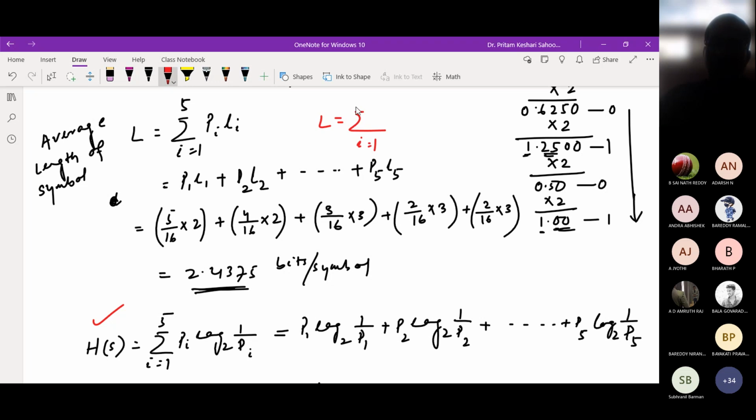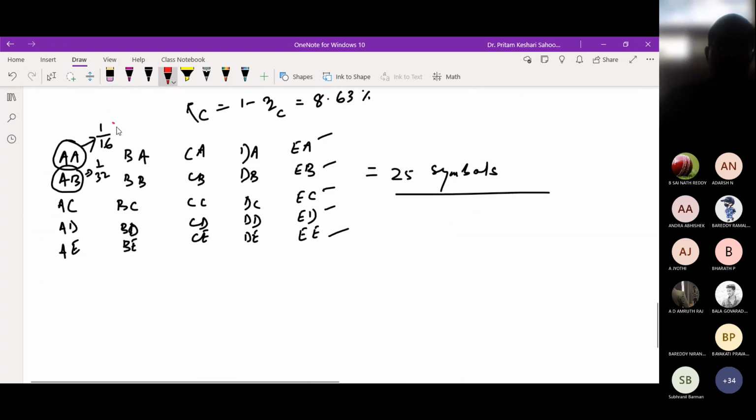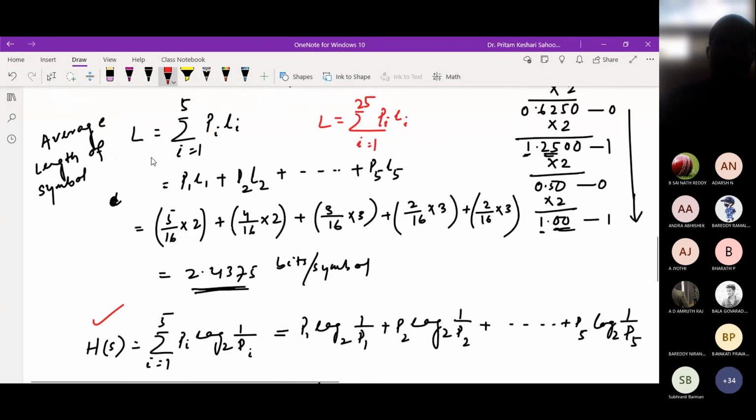What is the upper limit of this i? It will be 25, because now you have 25 symbols. Sigma pi into small li. So pi you have calculated here. These are the pi's, and similarly li also you might have calculated. So that will give us the L value.